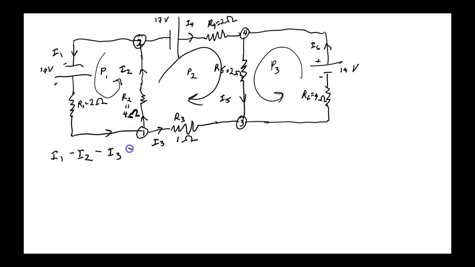So that equals, well, I'm not going to write it there. I'm going to leave a bunch of room, hopefully enough, equals 0. Total current coming in equals total current going out. Sum is 0.